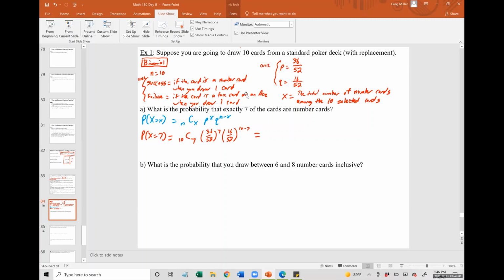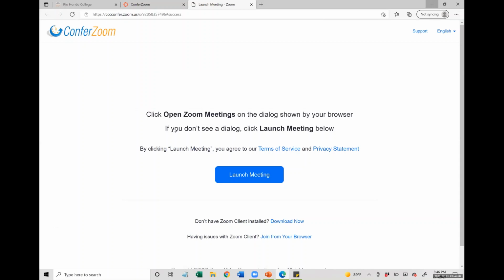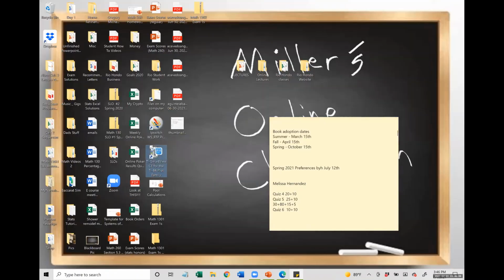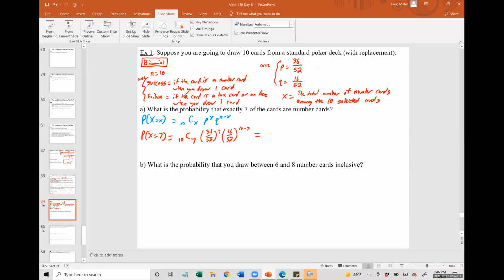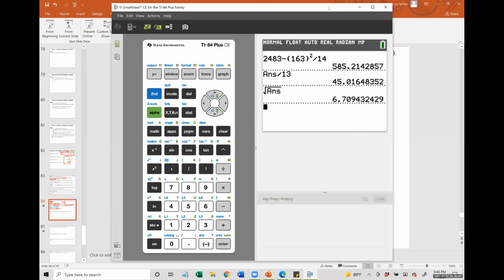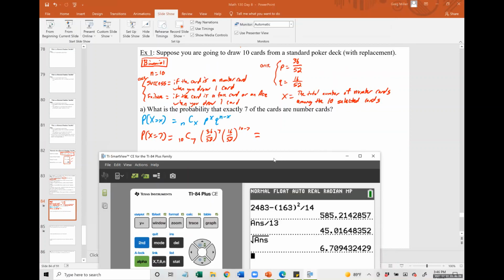I also told you that there were other counting techniques that we didn't talk about because we don't have time. Well, that C is one of the other counting techniques that we're not going to get to, and you don't need to worry about it. It's called combinations, if you've heard that before. If you haven't, you don't need to worry about it. All you need to know is where that button is on the calculator. But 10C7 is something to do with combinations and counting.